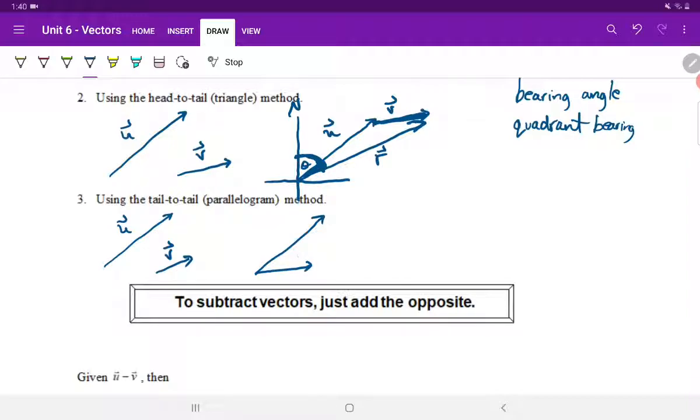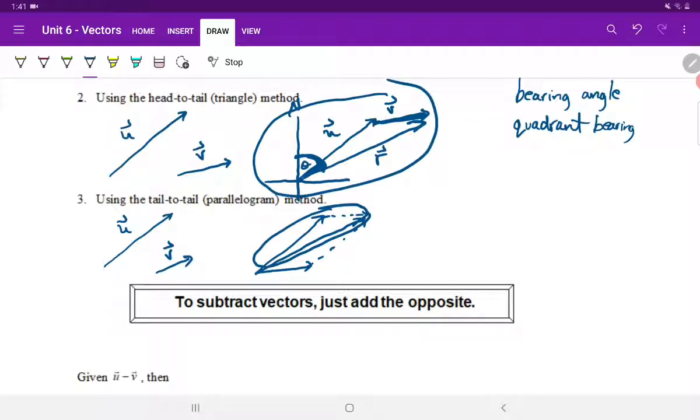It would end up looking something like this, and then the resultant is right there. So you still end up getting that same triangle that I had drawn up here. It's just another method that you can do, tail to tail. It can still work as long as you create a parallelogram.